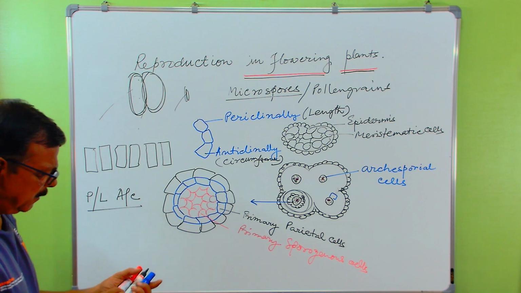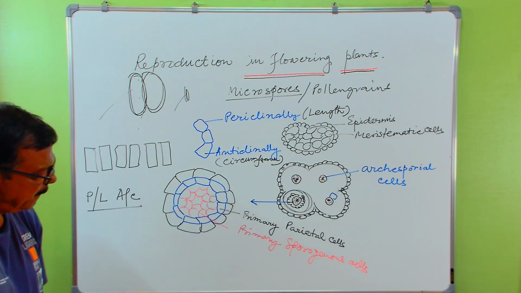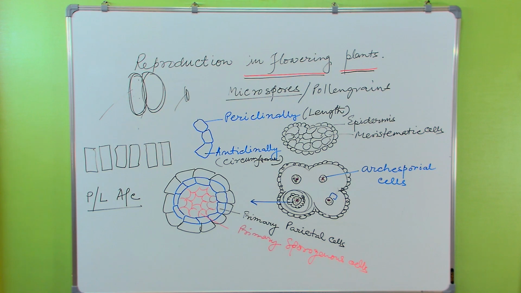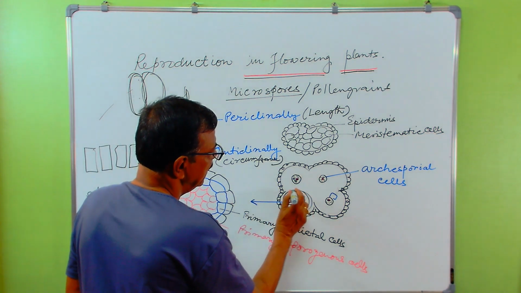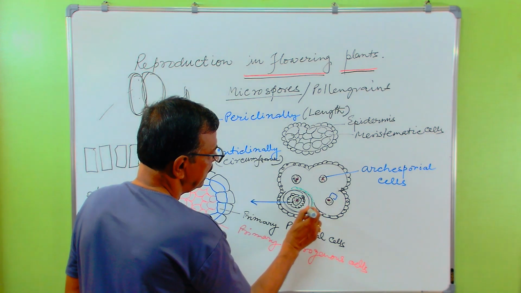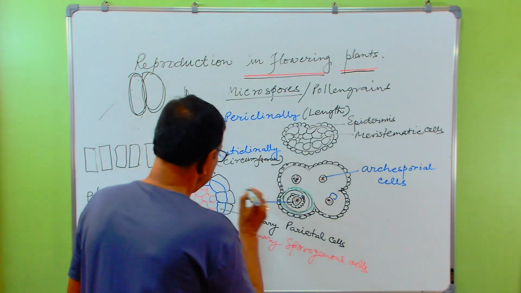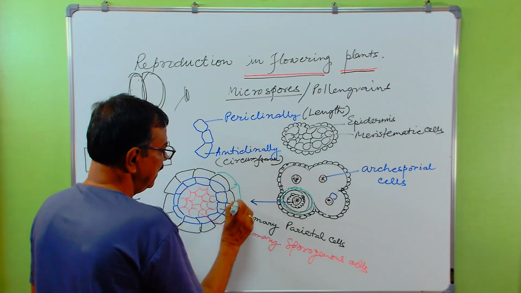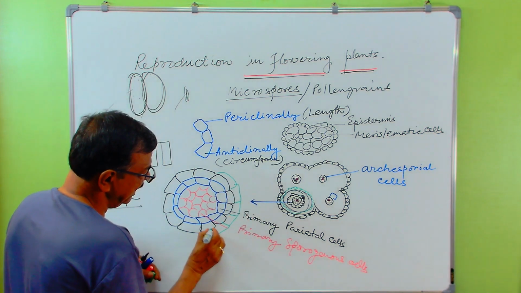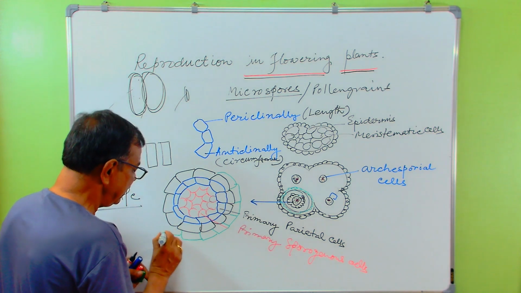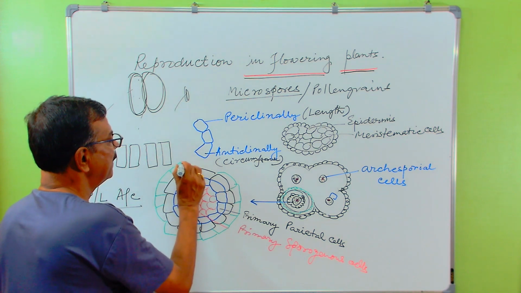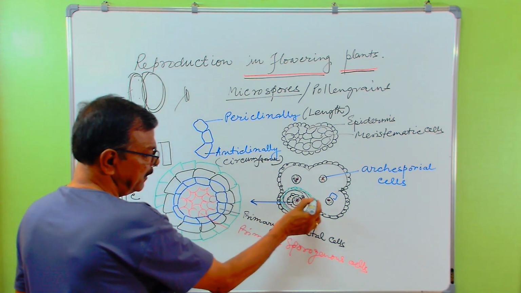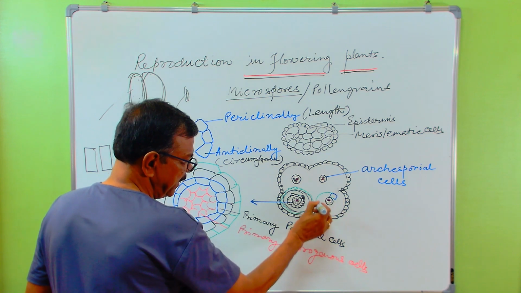Now this will give rise to so many layers: one layer, two layers, and three layers. So it will give a multi-layered anther wall. Here it is now being protected.